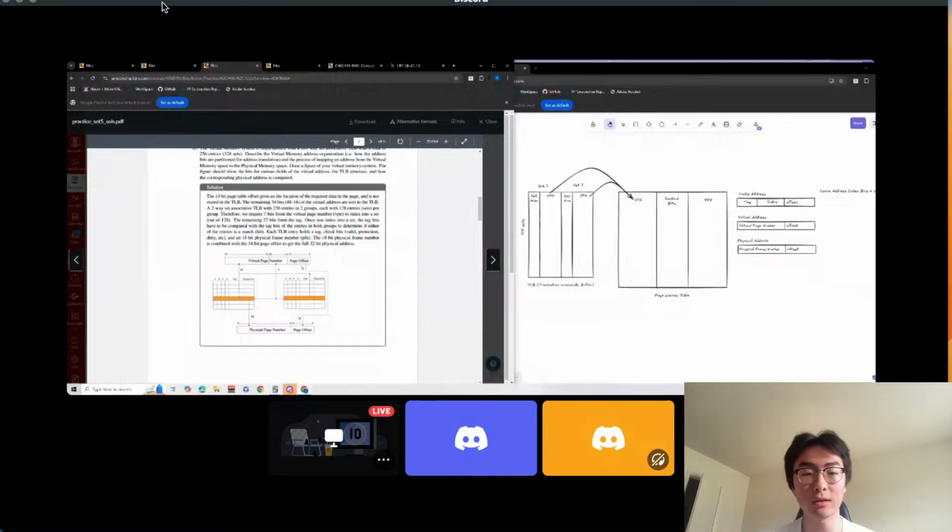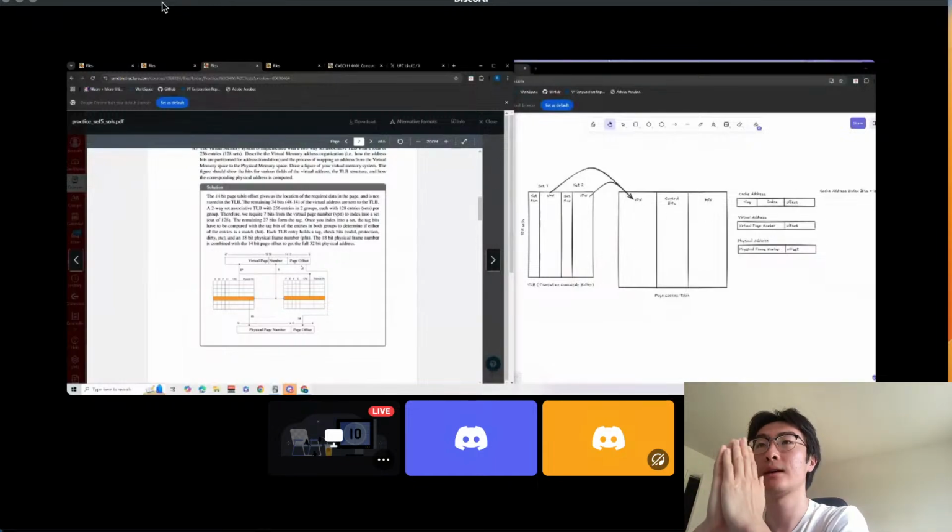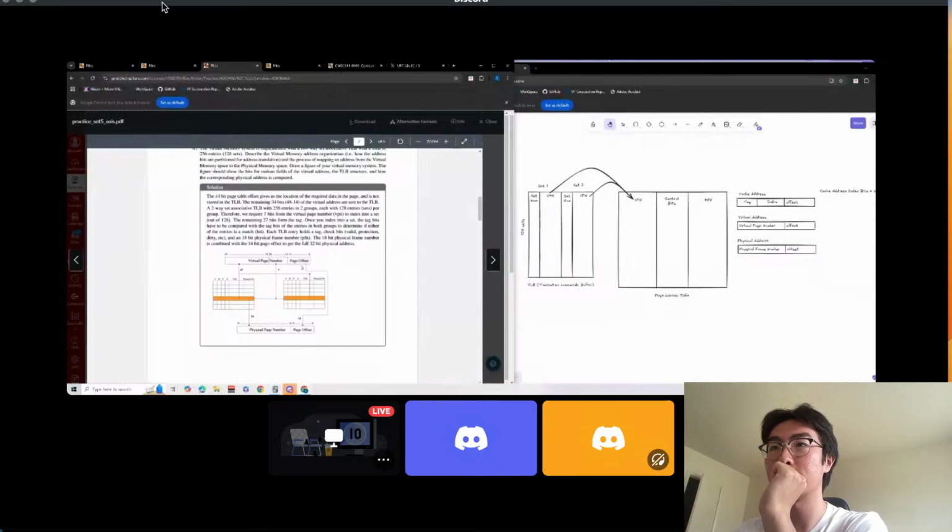Okay, so I think this should be okay. Because I think in their solution, they decided to combine the tag and virtual page number into two different. So this is the index, this is the tag. I think they decided to combine it into the tag.